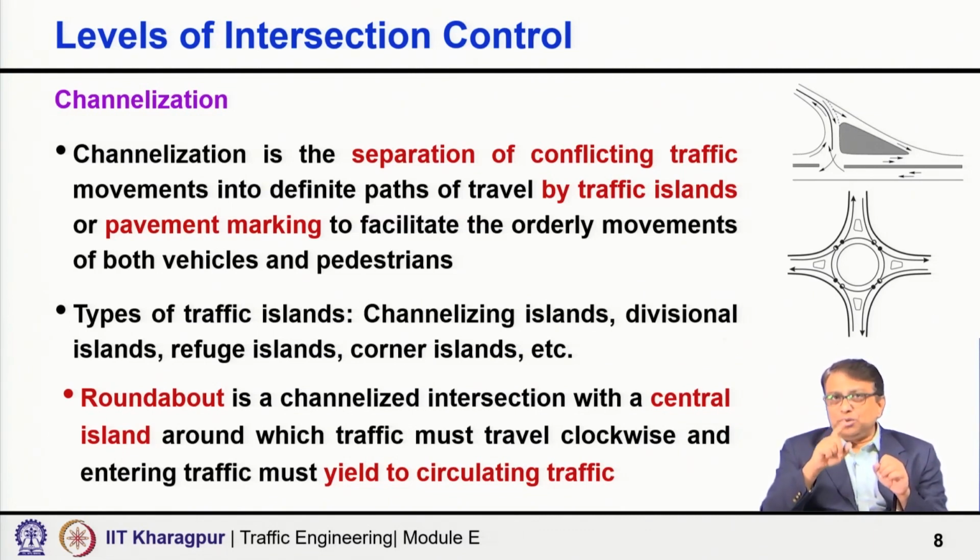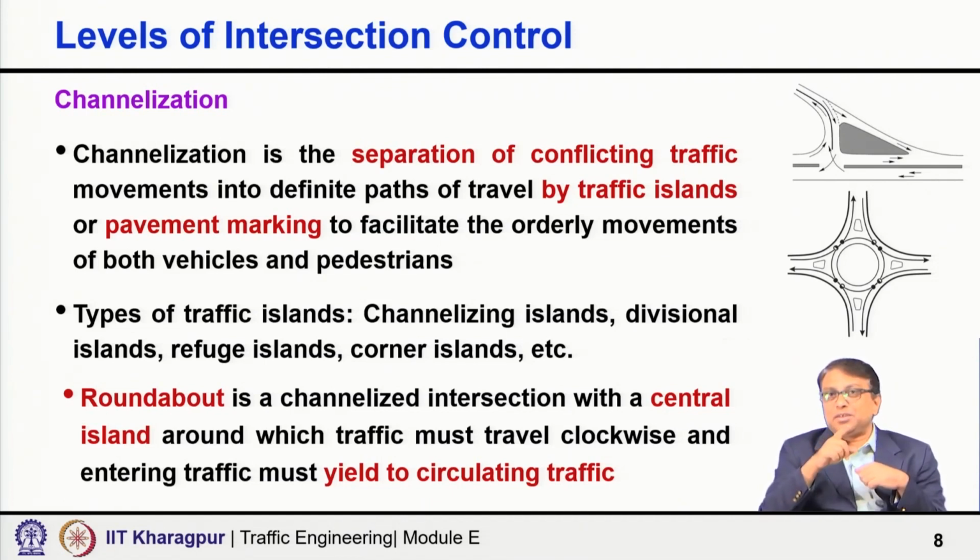Second, also this is very important, entering traffic must yield to circulating traffic. That means, if I am entering this roundabout, I must keep in mind that the priority is always high for the traffic which is already inside that rotary intersection.